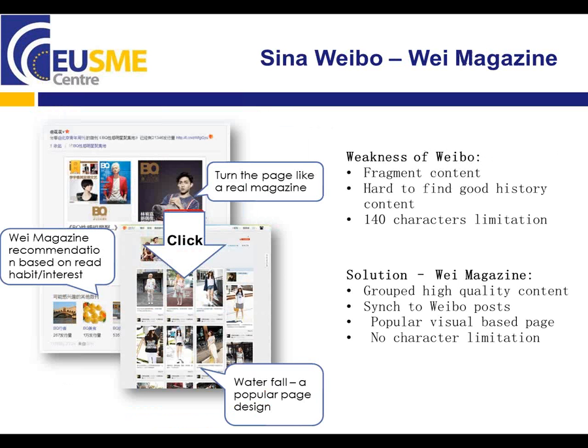One of the newcomers on Sina Weibo is the Weibo magazine. Basically, you're able to create an online magazine with still the 140 characters limitation that is typical to microblogging. But basically, for a lot of brands, that's a very good way to promote your products and to interact with your consumers.